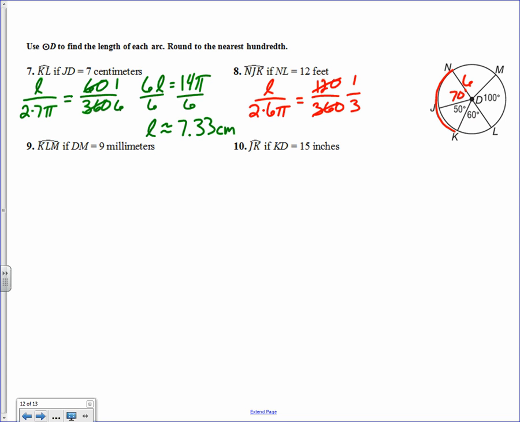So we get 3L equals 12 pi, or L equals 4 pi. And L is about 12.57 feet.